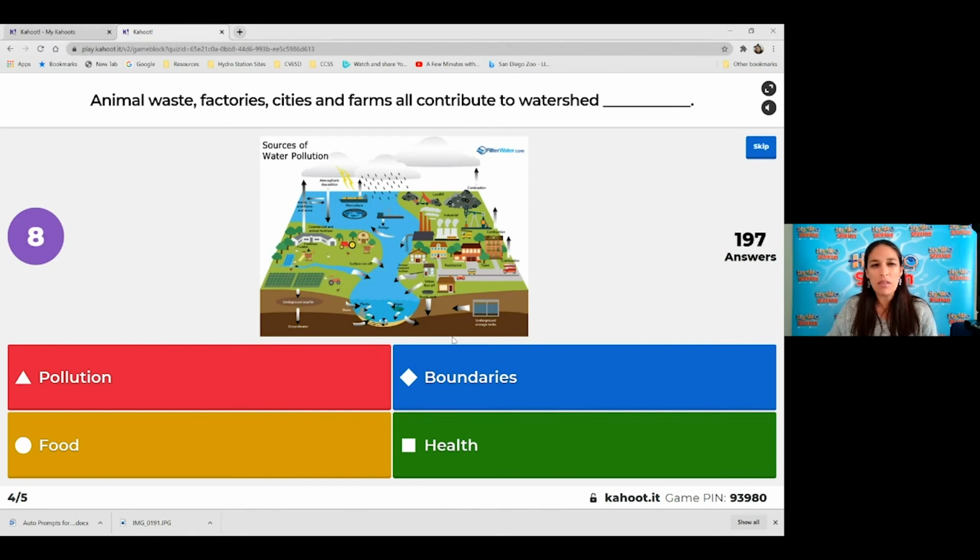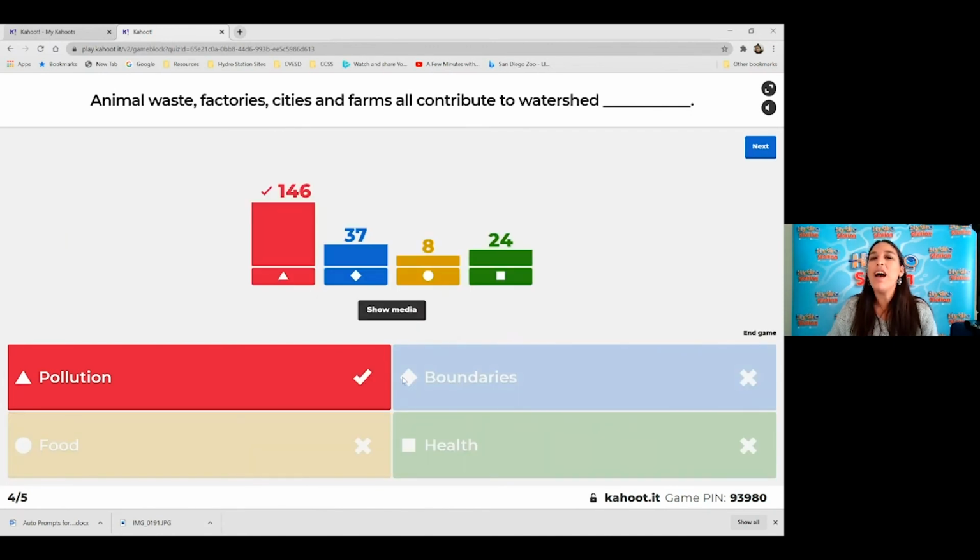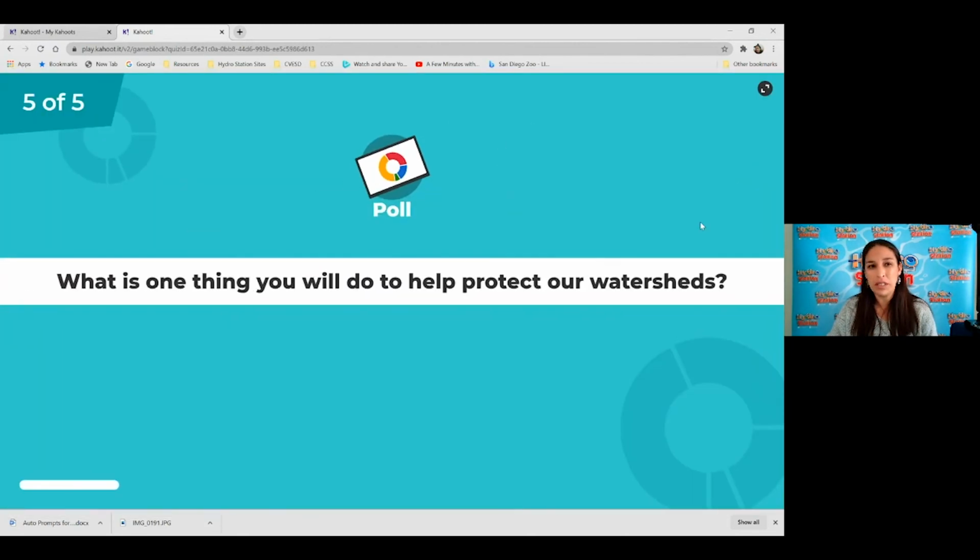Again, remember all those different things: animal waste, factories, cities, farms, your pets, the plants. All of those things contributed to, very nice. Nice answers there. Many of you said pollution. So all of those things added and contribute to pollution.